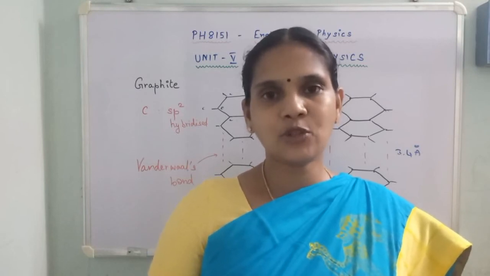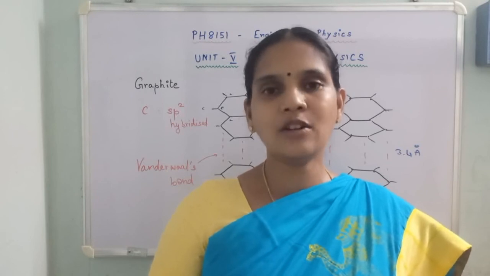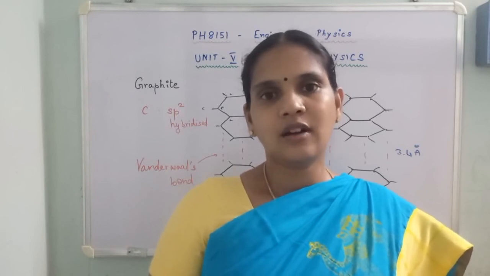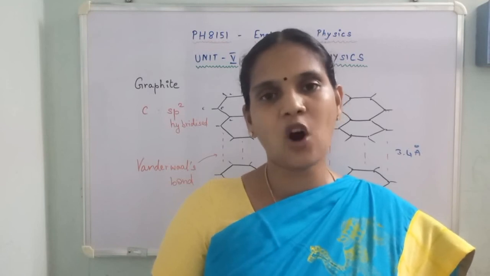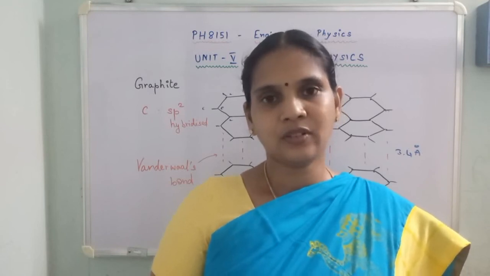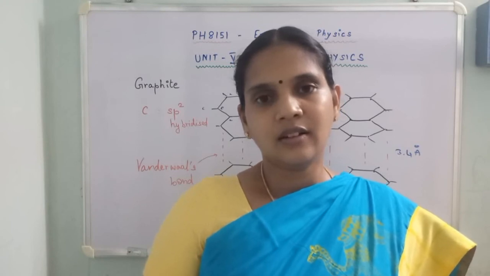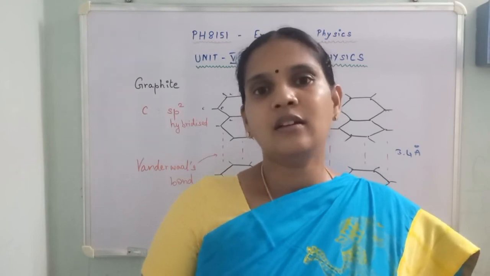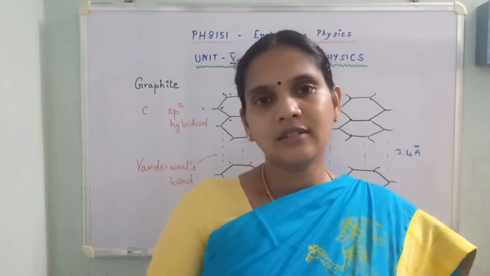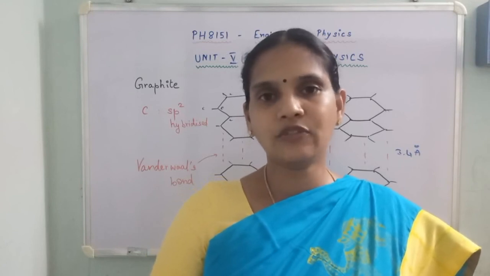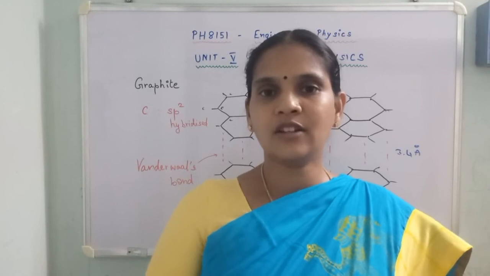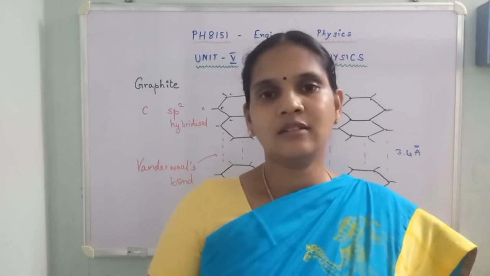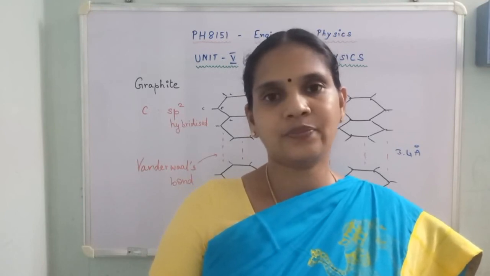This can be attributed to the strong covalent bond due to the sp3 hybridization forming octet structure. Then we compared the structure of graphite with that of diamond and the variation in their physical properties due to their structures.